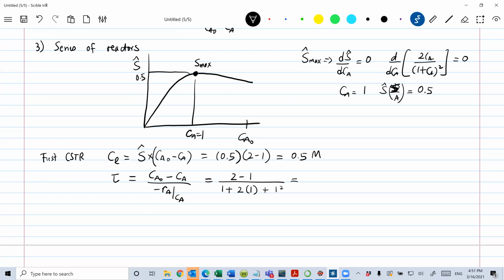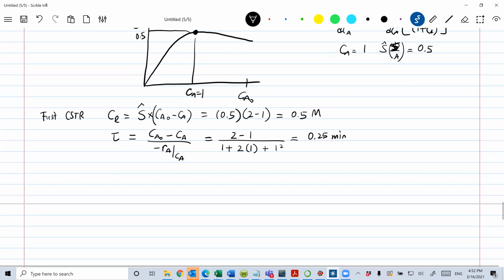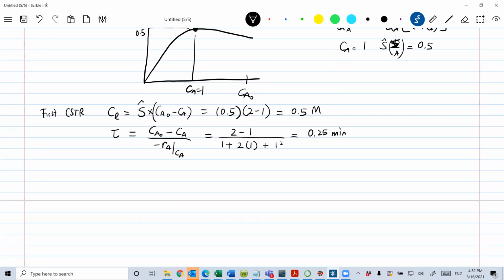This is the overall rate of A. And that should give you a quarter minute. So you see how we can size the reactor pretty straightforwardly by knowing very little information. You just know the Ks for your rates, and you know the concentration that you start with.